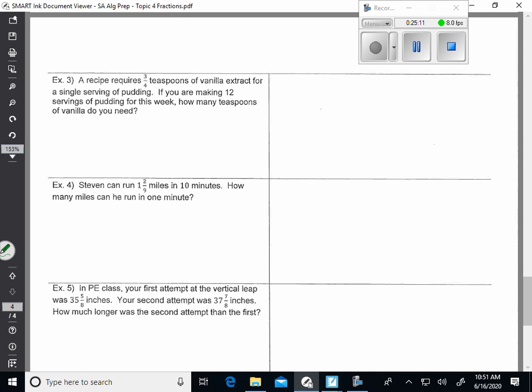You're going to make 12 servings. So you could take 3/4 plus 3/4 plus 3/4 and keep doing this 12 times. Or you can take 3/4 and multiply it times 12, and this is probably the better option.